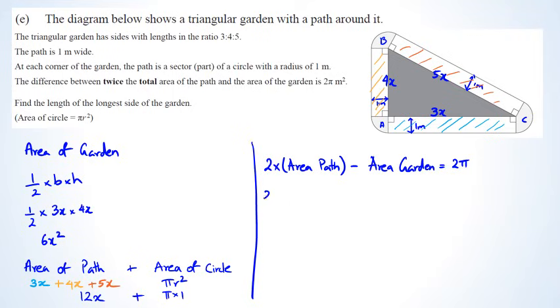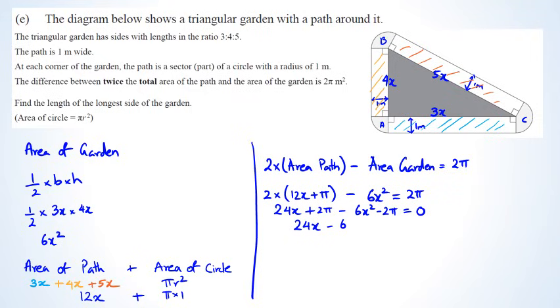So 2 times 12x plus pi, minus the area of the garden, 6x squared, equals 2 pi. When we expand this, we get 24x plus 2 pi minus 6x squared. I'm going to bring the 2 pi over and rearrange, so minus 2 pi equals 0. So what I then have is 24x minus 6x squared equals 0.